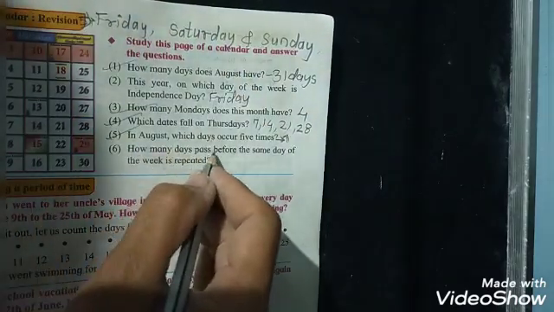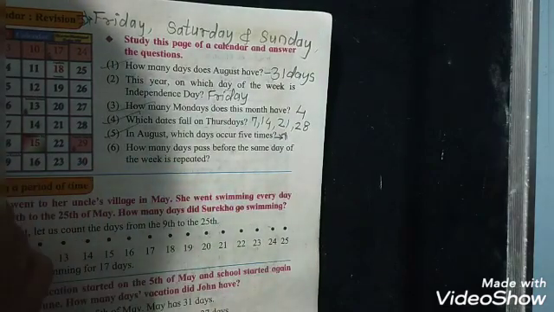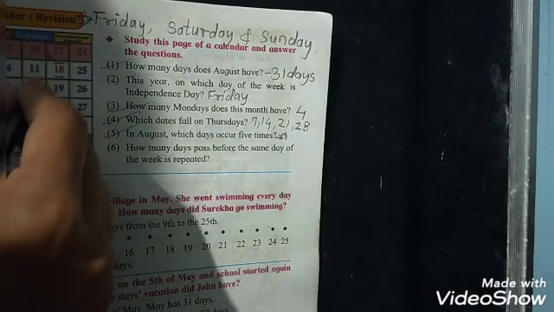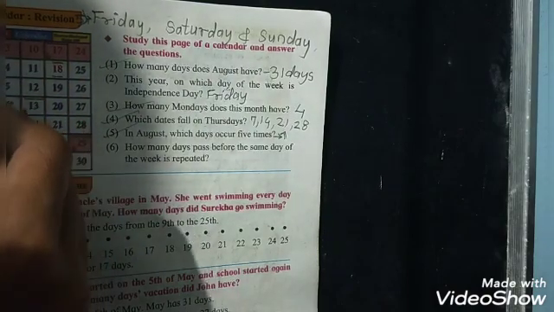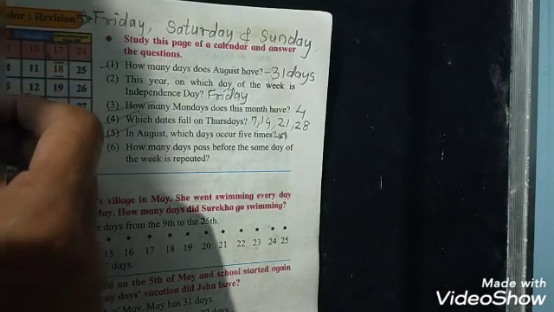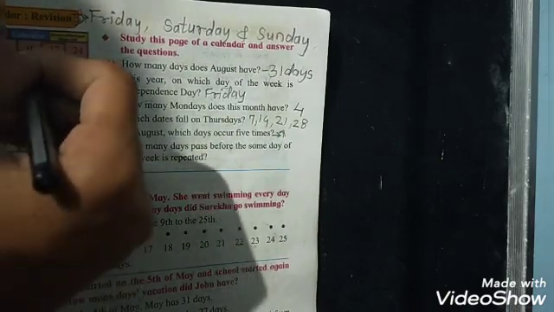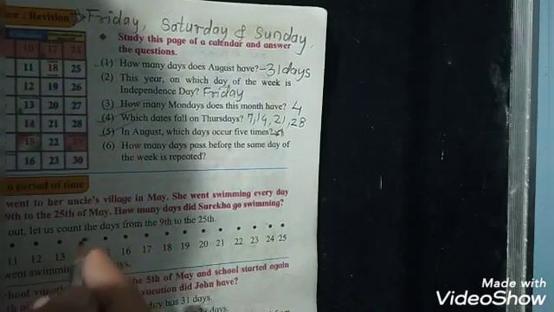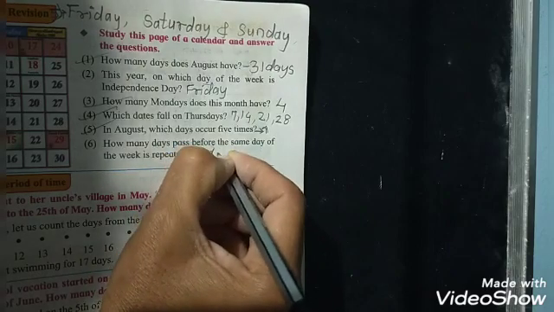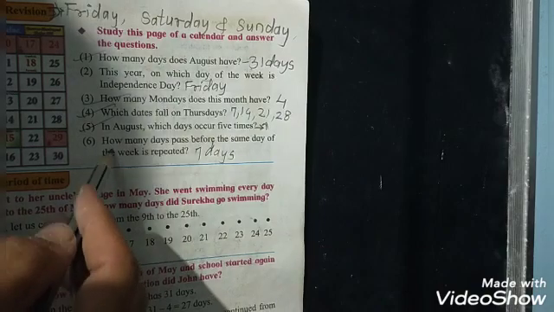How many days pass before the same day of the week is repeated? See, suppose I have considered Tuesday. Then how many days pass to get the next Tuesday again? Count. 1, 2, 3, 4, 5, 6, 7. 7 days. Did you understand the meaning of this question?